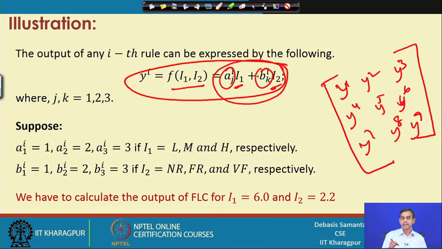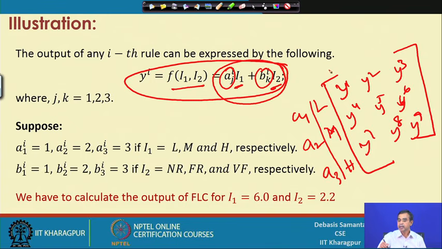So, how many coefficients are there? For L, M and H, if we consider the coefficients A 1, A 2, A 3, similarly for NR, FR and VF we can consider B 1, B 2, B 3. So, we have to decide the different values for each rule, if A 1 is 1, B 1 is this and this one.